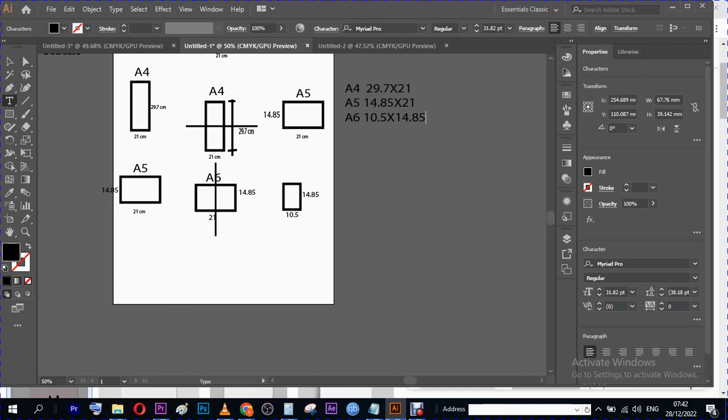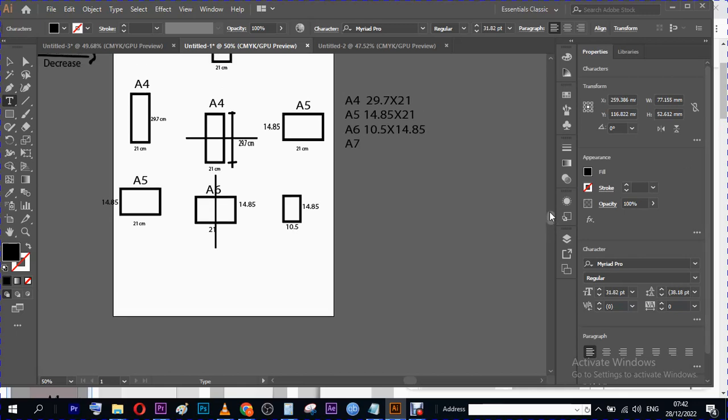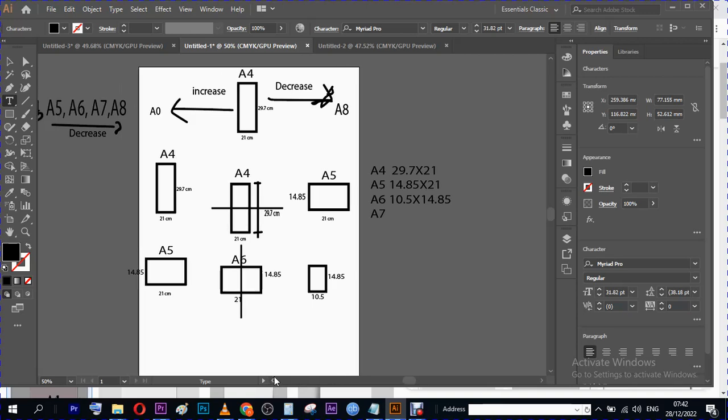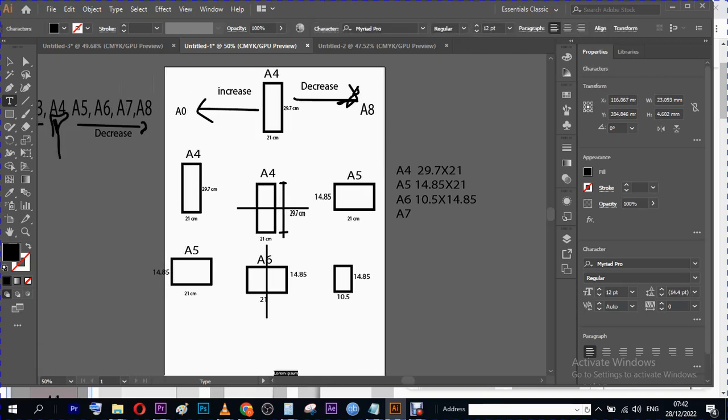Then we are now going to create A7. Remember, as you see it, where we created this.